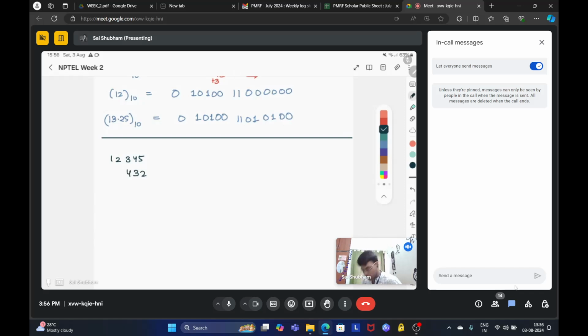Suppose I have two numbers. I can write them in this way. In decimal also, if I have some number, and another number, we are representing it in this format, in the power of 2.